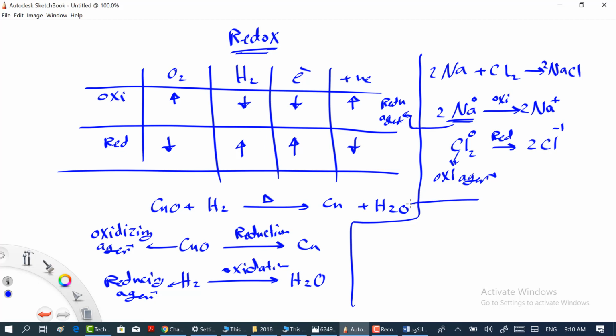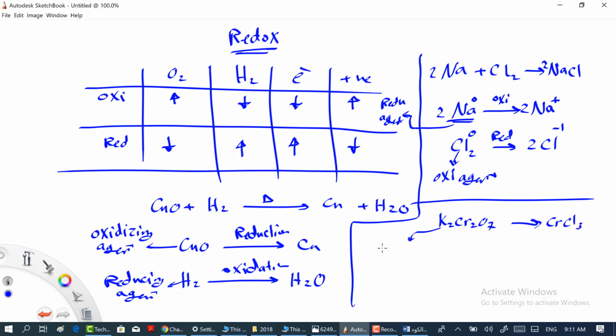The last thing I will tell you is about increasing the positive charge. Sometimes we will find for the reaction K2Cr2O7 entering the reaction giving us CrCl3. I want to calculate the oxidation number for the chromium.